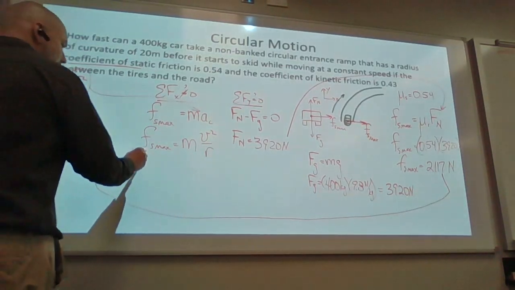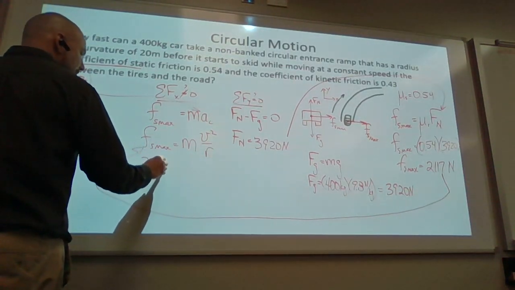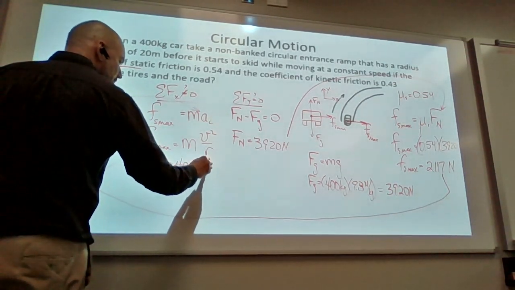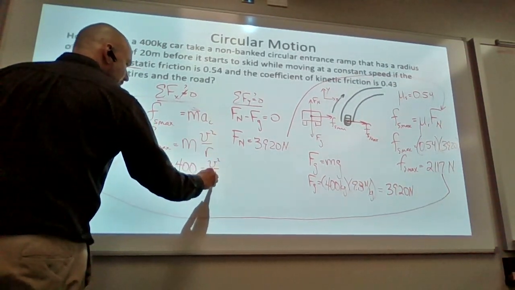So we got 2,117 is equal to 400 times speed squared over 20 meters.